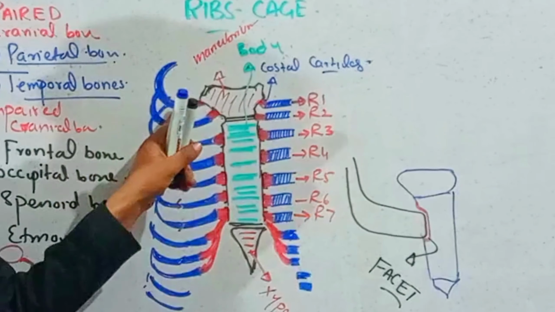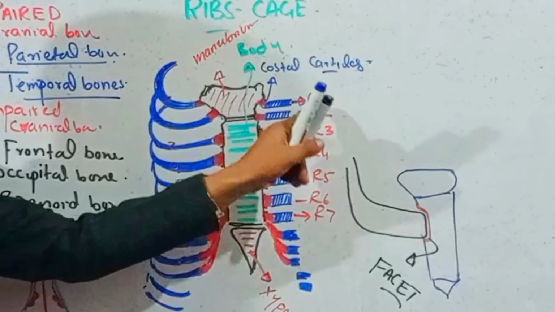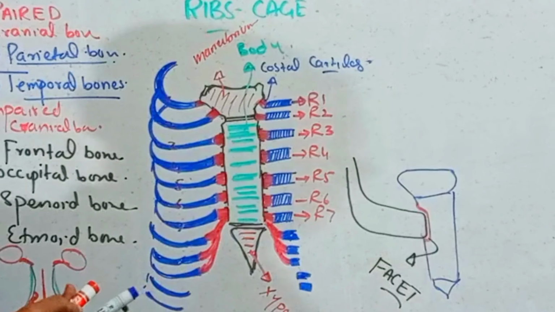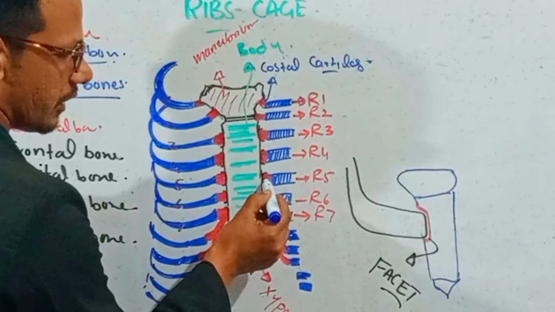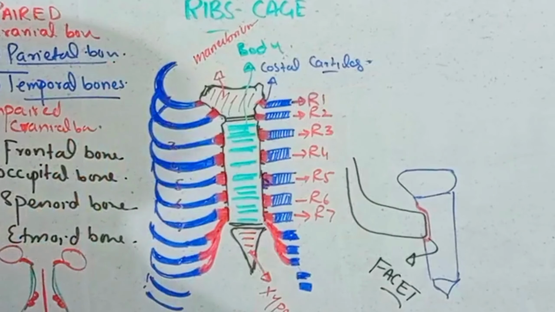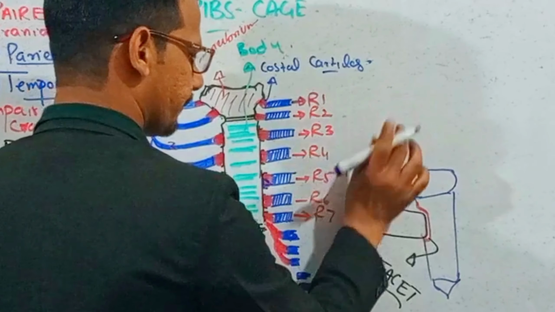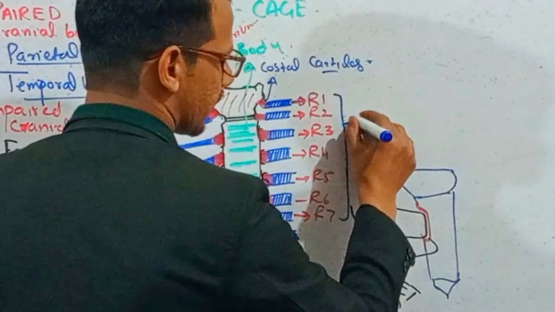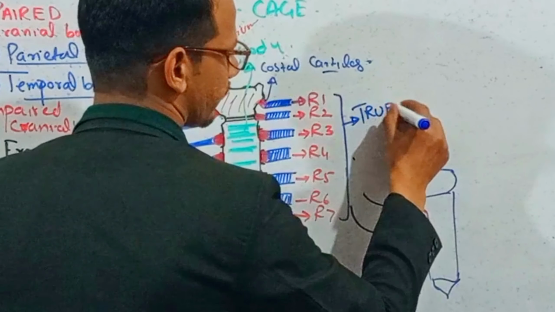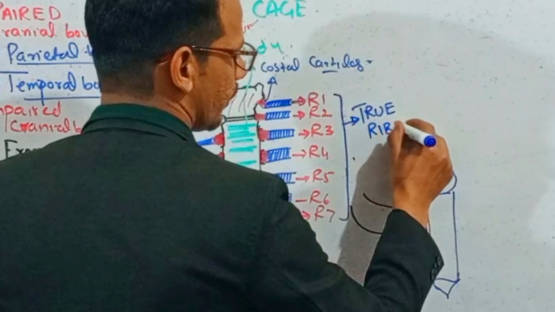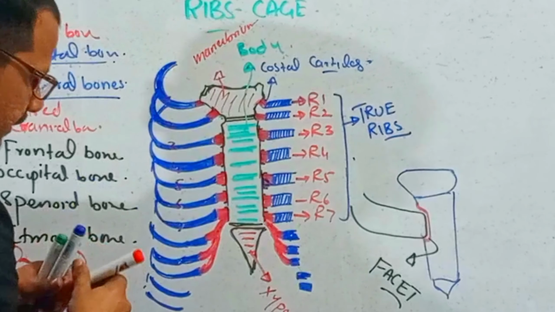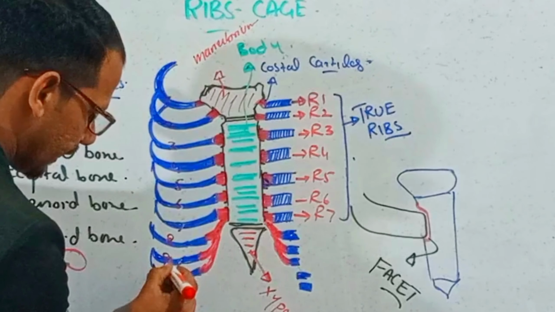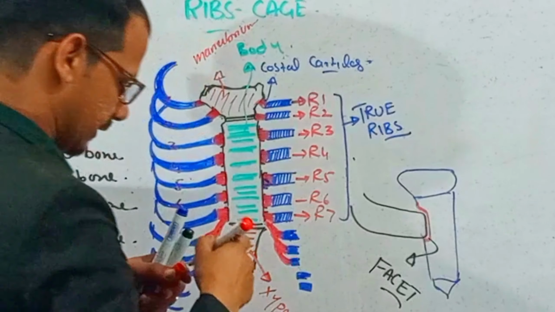The first 7 ribs on the right side, and also the first 7 ribs on the left side, are directly attached to the sternum through costal cartilages. So they are called the true ribs, right?